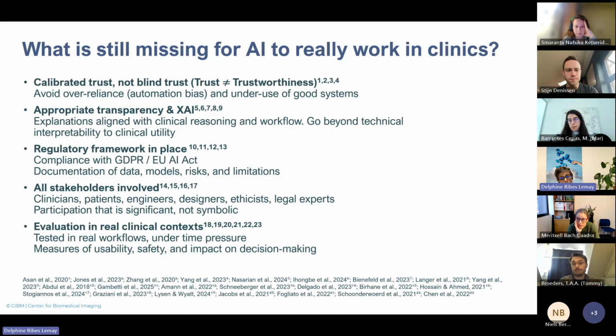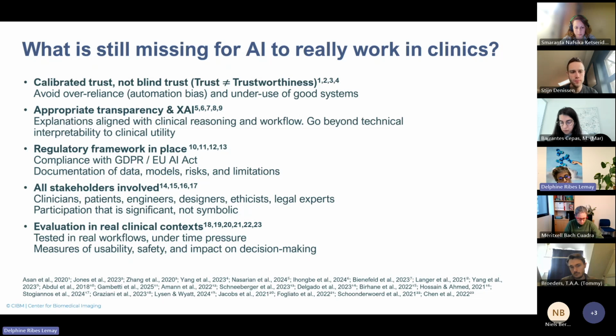Then there is the regulatory framework, which is essential to make sure that we follow rules. The problem currently is that a lot has been put in place, but there is a void in how we actually make it work in clinical practice.